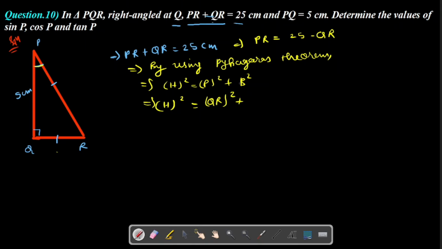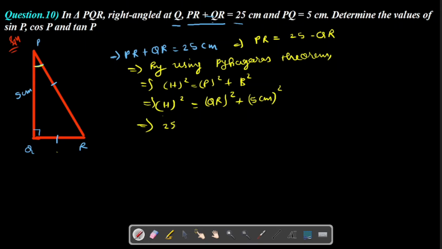What is the base here? The base is our PQ, which is just 5 centimeter, 5 centimeter whole square. Now h is PR, and we have the value of PR here, 25 minus QR, right?